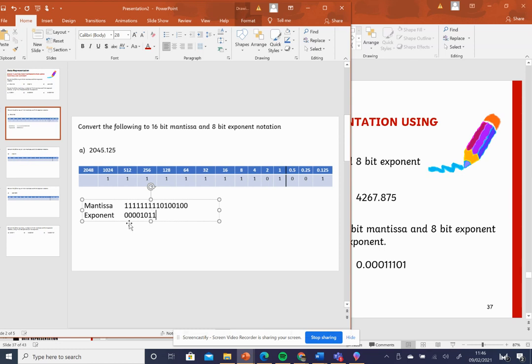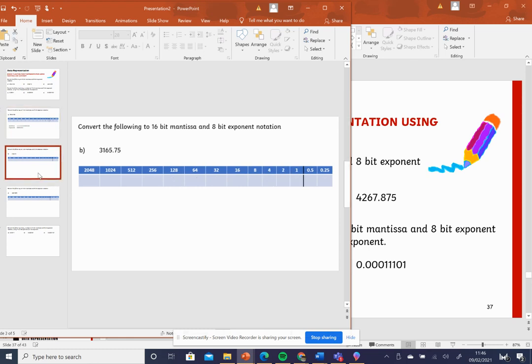So my mantissa is this value here, from all of these values, plus we had to add on the extra zeros, and then our exponent is 00001011.